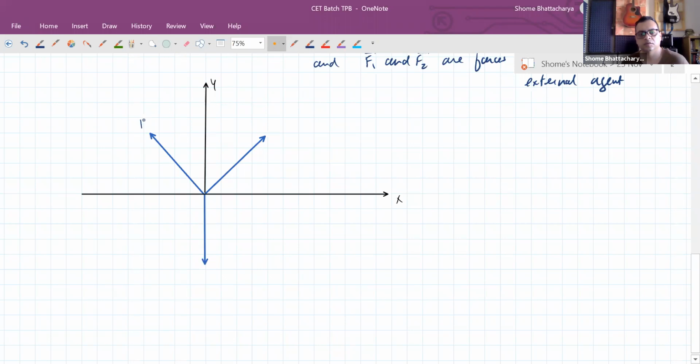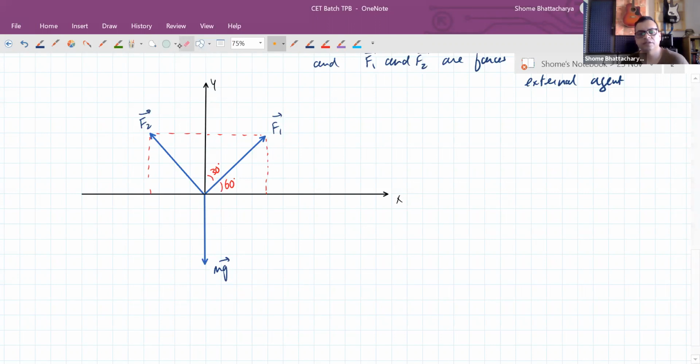And then because this angle is 30 degrees or this angle is 60, you can divide this into components. Same way you can divide this into components also.